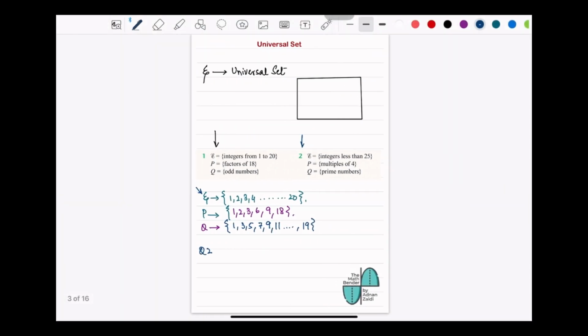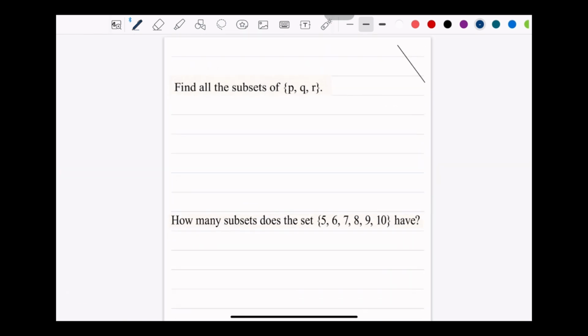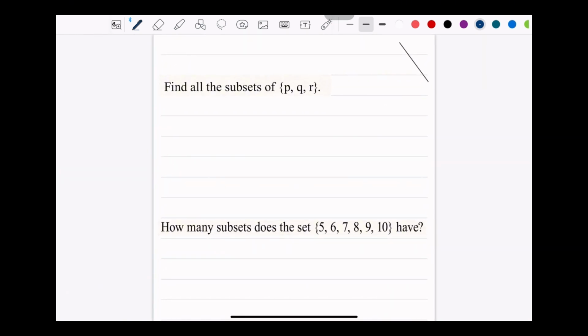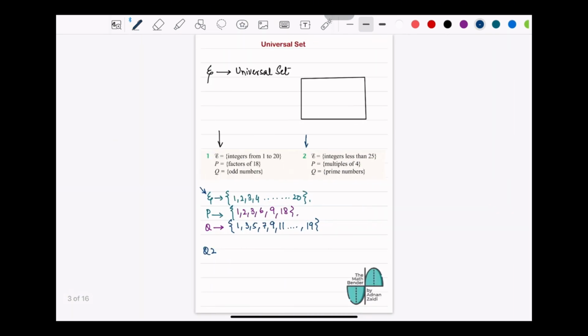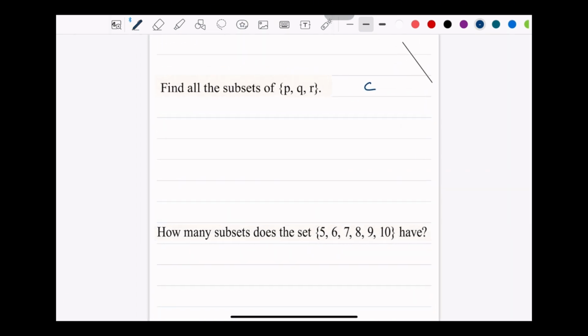Let's see some other questions here. Find all the subsets. This is the symbol of subset, the elongated C, which we talked about here. So the subsets of P, Q, R. Now please remember this one, how to find those subsets. First step, the null set is a subset of every set.